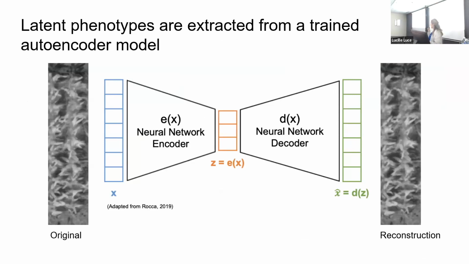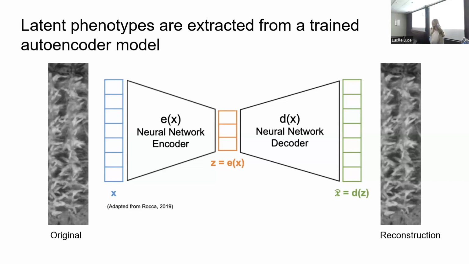So an autoencoder is an unsupervised machine learning model which takes the original images, passes them through a neural network to produce the latent codes Z. The latent phenotypes, the latent codes, are then passed through a second neural network, the decoder, to reproduce the original image. And this model is optimized such that the difference between the reconstruction and the original image is minimized.